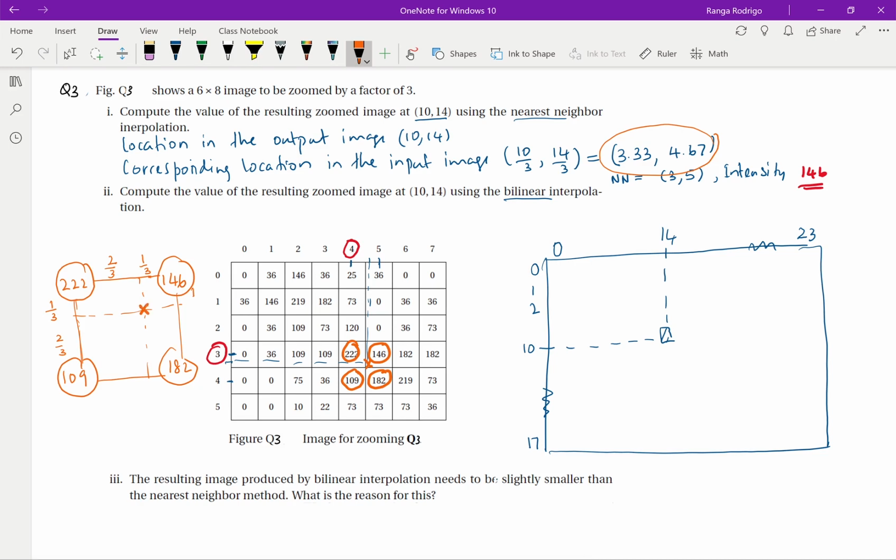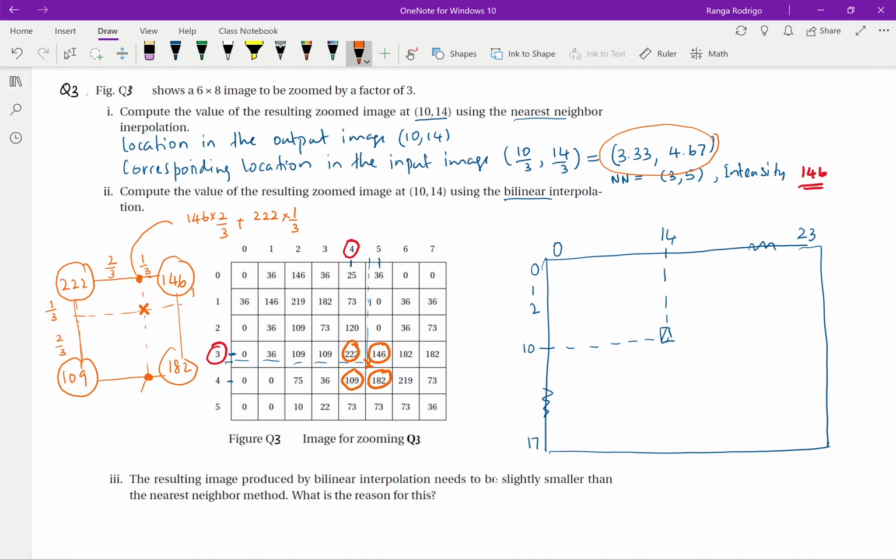Okay, so now you will see the way to do this computation is to ratio on this. First, let's compute the value here and value there. So value here would be 146, it is close to 146, so multiply that by 2/3 plus 222 multiplied by 1/3.